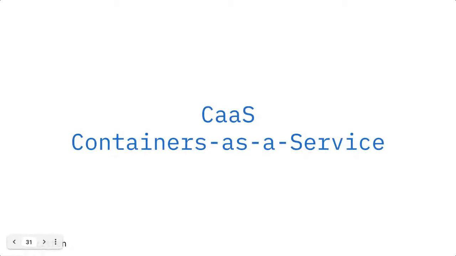We'll look at in just a second, our IBM products and offerings for CaaS are things like IBM Cloud Paks, and we have IBM Cloud Paks for a number of things that we'll touch on.